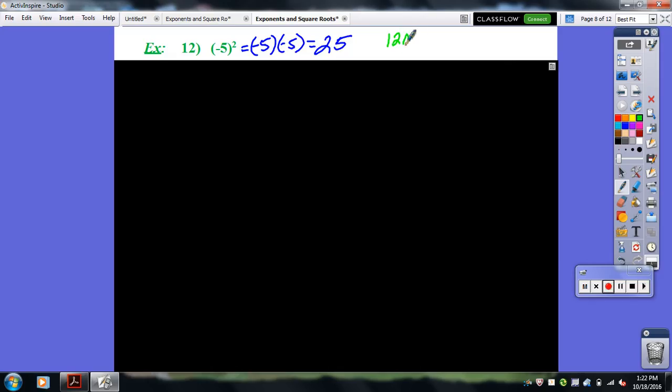This, of course, is different while we're on the subject. If I call this question 12a, this is different than if I gave you negative, let's say, 3 to the second power. What's the difference between 12 and 12a? Subtle but important.